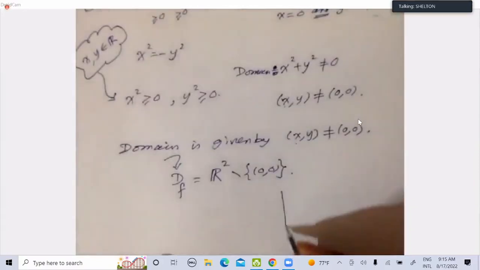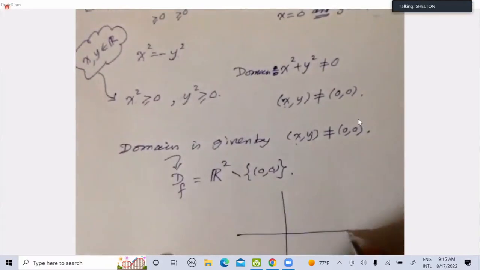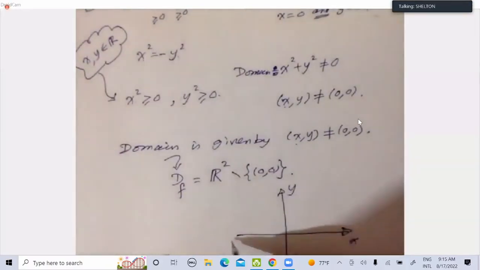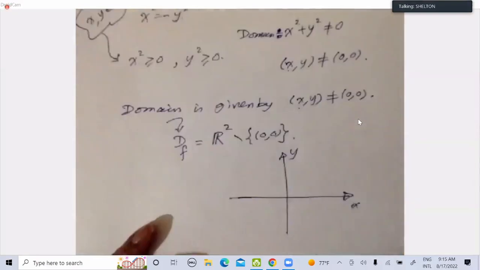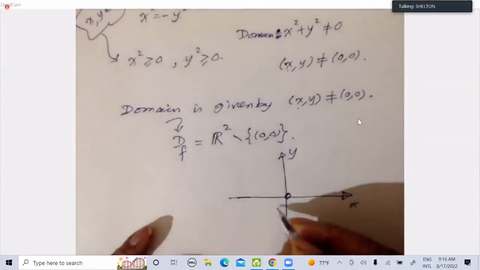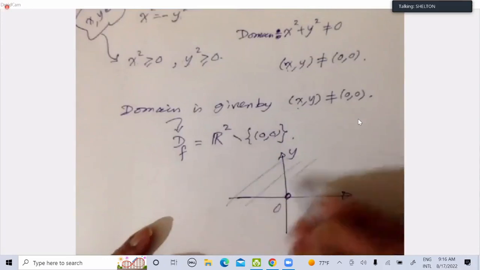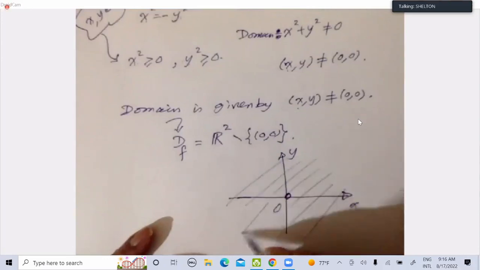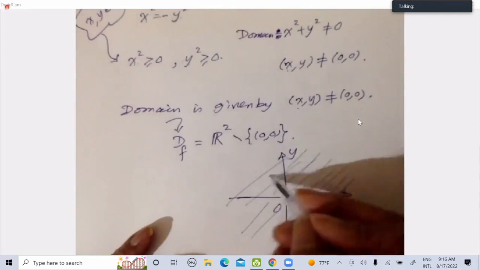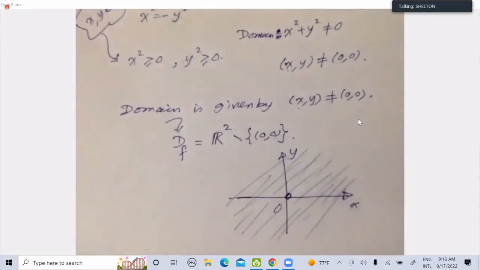Geometrically, to understand the domain you need two numbers, no? X comma y with a hole at the origin. This is the domain of this function. So to explain the domain of a function of two variables, you need the xy plane.